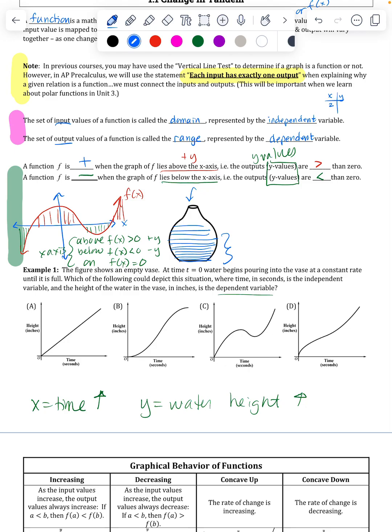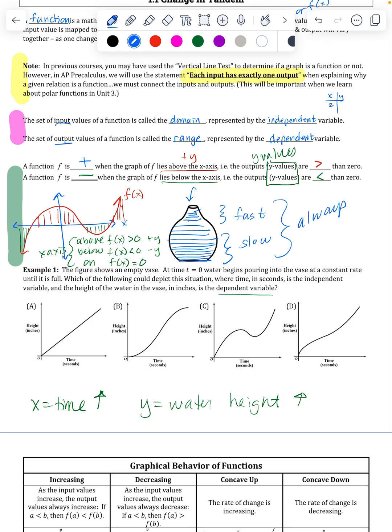Like it won't be increasing quickly. But when you go towards the top here, which would be further into your time, because it'd be at the end of the time that you're filling it, this is going to get taller or higher faster because you just have that skinny little bottleneck. But overall, it's always increasing.